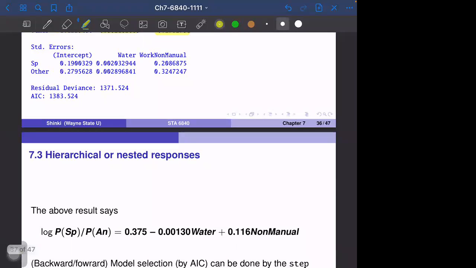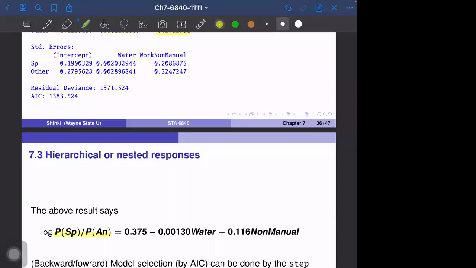We compare the 3 groups, and AN is the baseline. R sets the baseline as the alphabetically first one. You can use the levels function to change the order. But okay, so AN is the baseline.